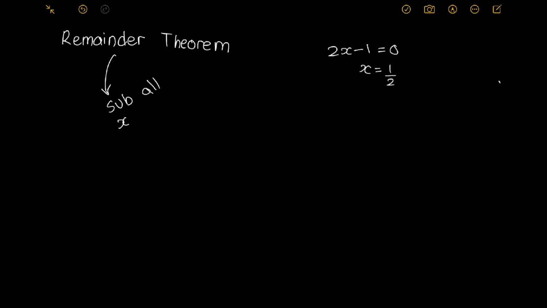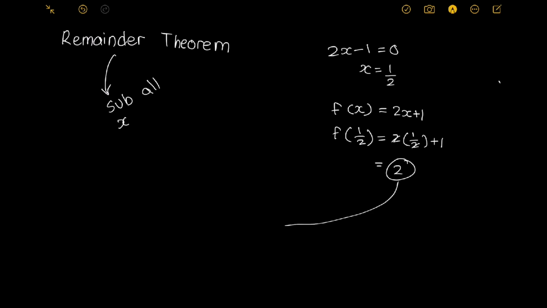So if f(x) equals 2x plus 1, and then we just put in the 1 over 2, so 2 times 1 over 2 plus 1, and then we're going to have 2. So what is 2 actually? 2 is actually the remainder, or we can write it as R(x).